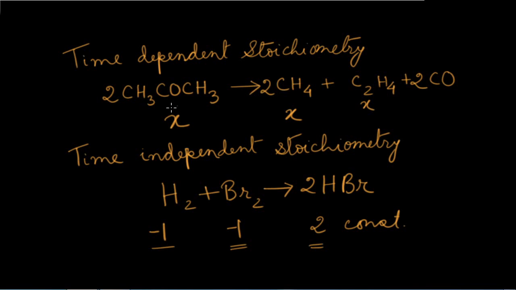And X by 2 amount of ethene should form, because 2 moles of acetone leads to only 1 mole of ethene, right? So if X amount is consumed, then X by 2 amount of ethene should form. Similarly, X amount of carbon monoxide should also form.